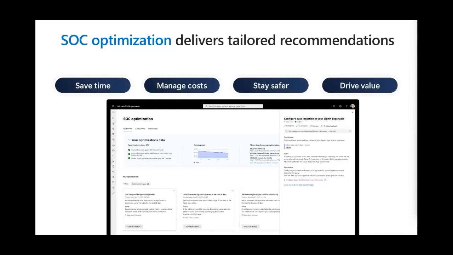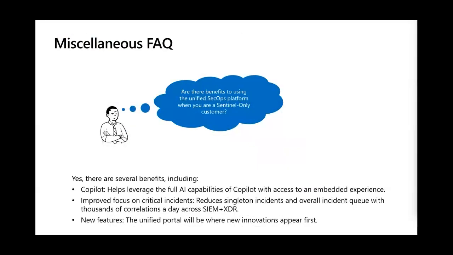All right, let's get back to the slides and let's wrap up this webinar with a final frequently asked question that didn't quite fit into the previous section, so that's why it's a miscellaneous FAQ. If I'm a Sentinel-only customer without any XDR products, is there any benefit for me to start using the Unified SecOps platform?